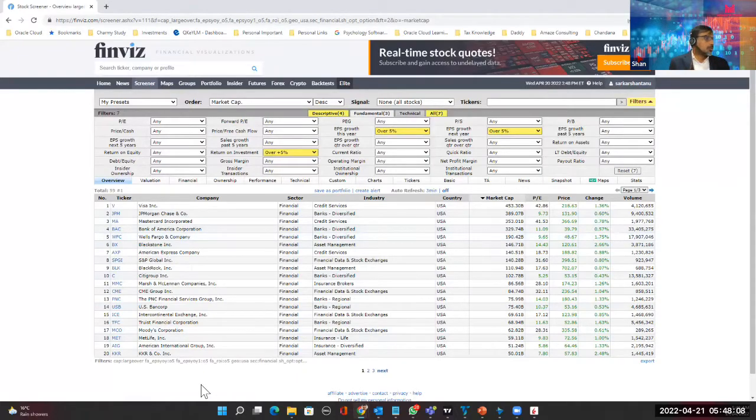Now, most probably, all of you know the company Visa. They are a big financials company, and they issue credit cards, debit cards, and other instruments which help you to make financial transactions. So Visa is a well-known company. We know what they do. Maybe we can go deeper into their fundamentals and other stuff. But at this moment, let's say I just want to add Visa to our watch list.